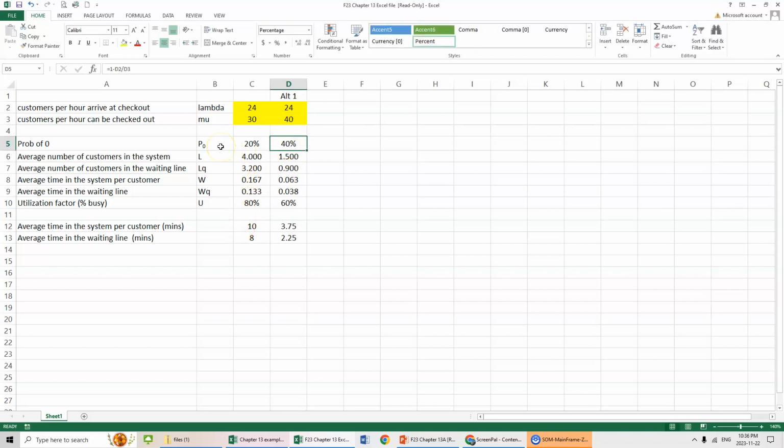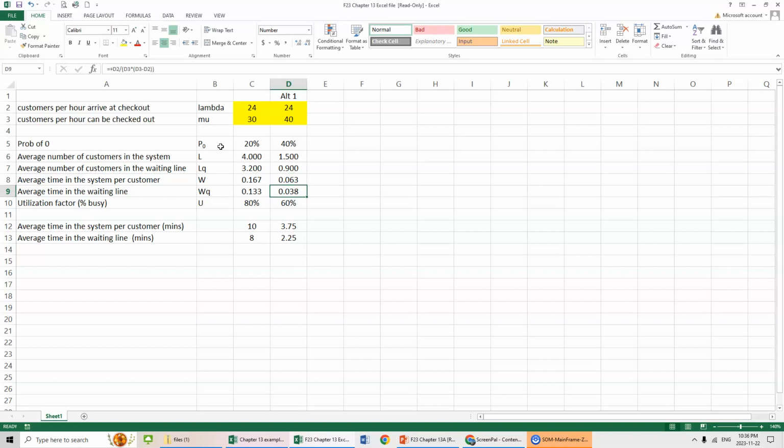The probability that the system has 0 customers in it has increased from 20 to 40%. Average number of customers in the system is 1.5. Long run average of customers in the waiting line is 0.9. And we got 0.063 hours is the average time per customer in the system.